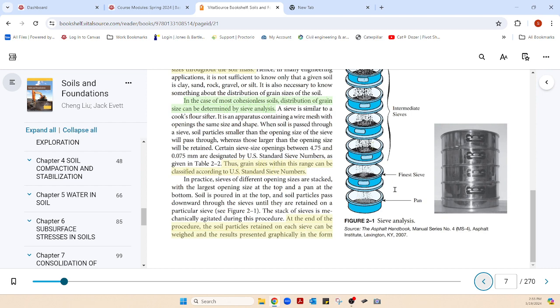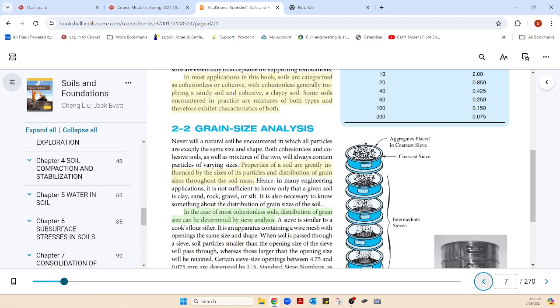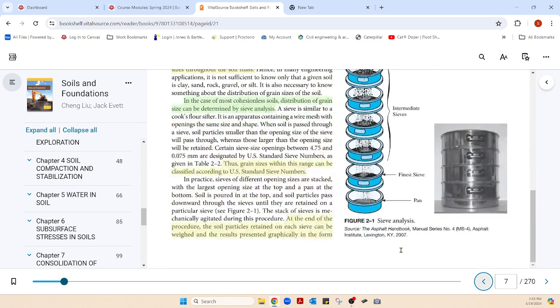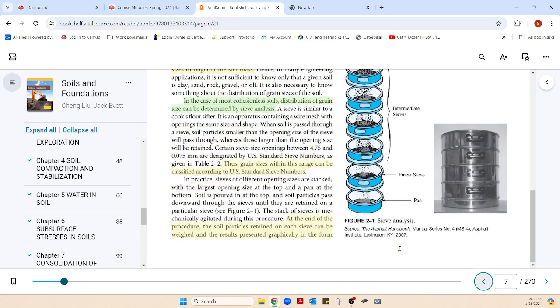Each of these sieves has a different size screen at the bottom, like the number 200 has 0.0475 openings in it. That's smaller than a screen door, I would think.